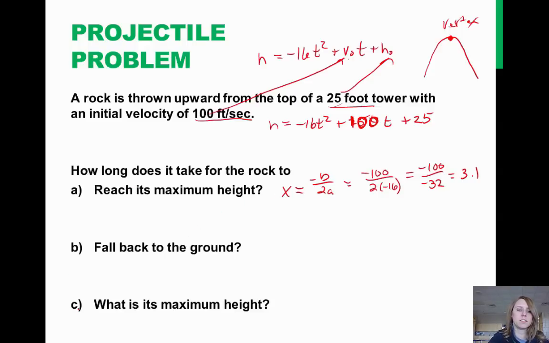Let's skip down to C. It says, what is its maximum height? So what is the y value at 3.1? That's our vertex again, except we're looking at the y portion of it. If I take 3.1 and put that back into my equation, it'll be -16 times 3.1 squared plus 100 times 3.1 plus 25.